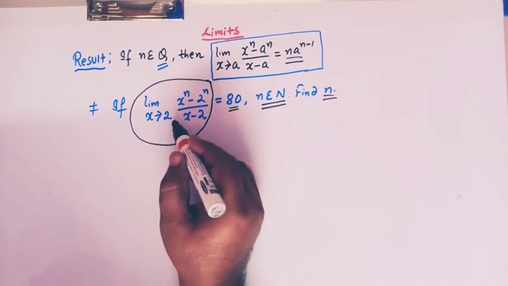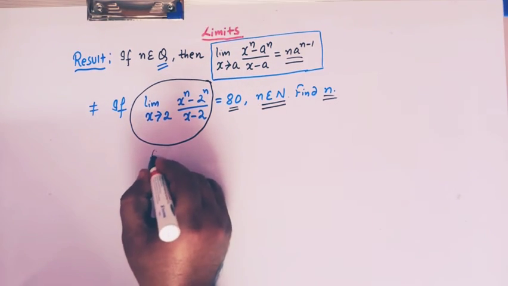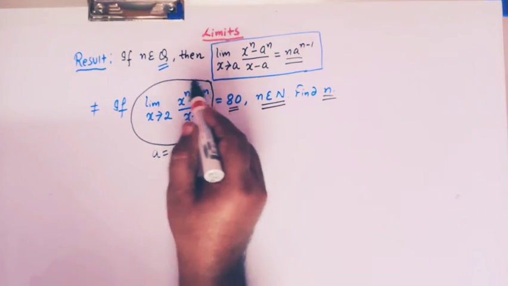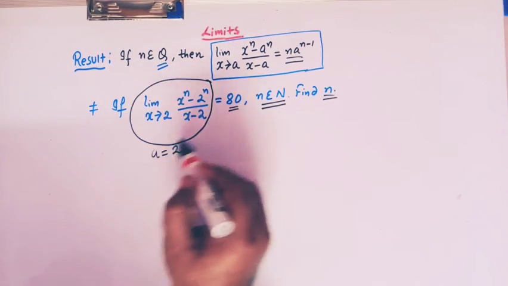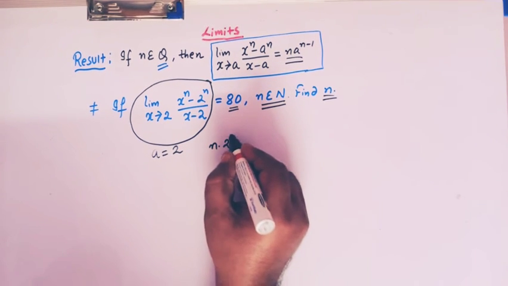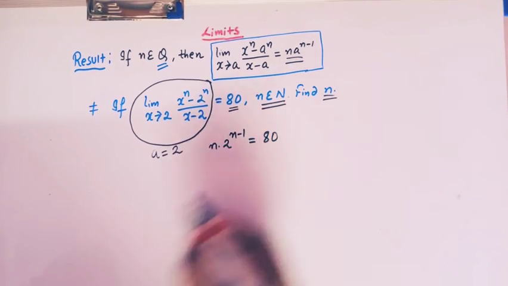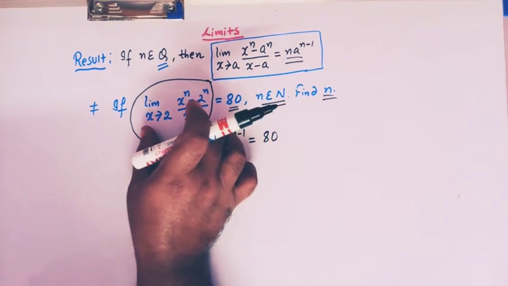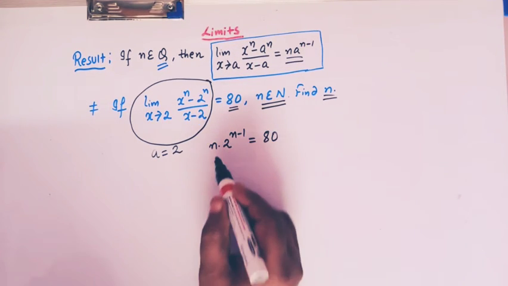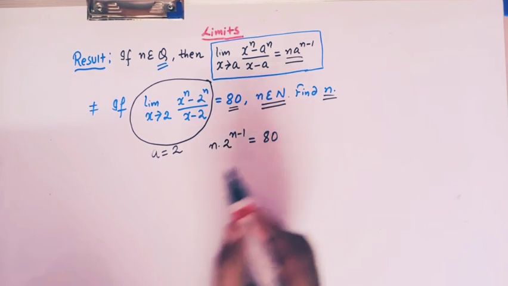So now if we compare these two expressions, then we see that the value of a is 2, and then this limit is equal to n times 2 raised to n minus 1, that is equal to 80, right? Because this limit is given as equal to 80, so we have n times 2 raised to n minus 1 is equal to 80, right?